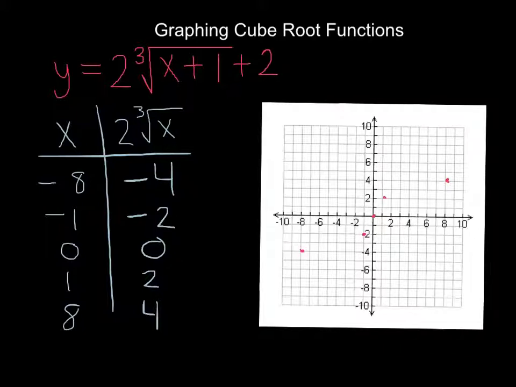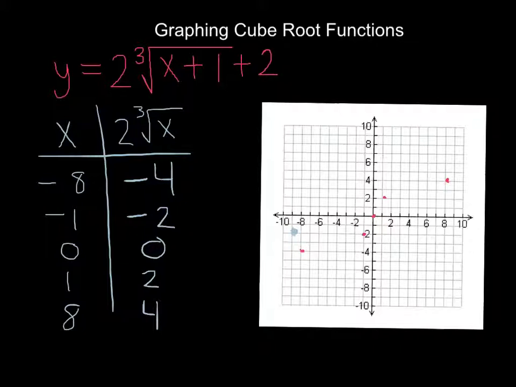Okay, so we'll start with this point. You're going to move it to the left 1 and up 2, which creates the new point of -9, -2.